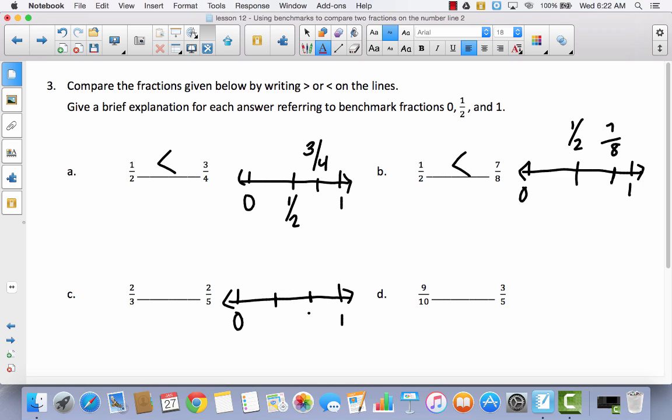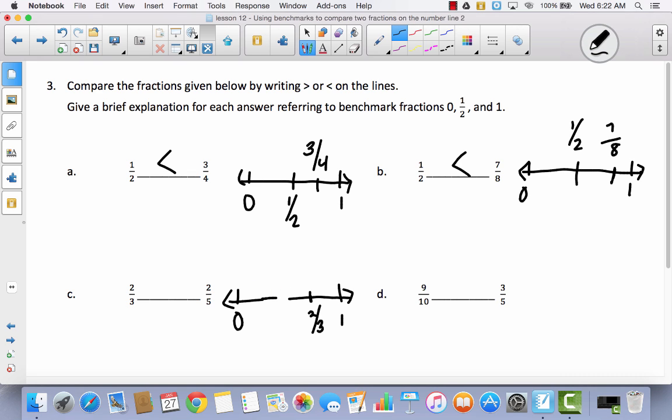This is 2/3. Now if I divide this into fifths, I'm actually going to come back and erase this one, and I'm going to try to ignore the third there for a minute. I'm going to try to divide this into 5 parts. Okay, so I've got 1, 2, 3, 4.